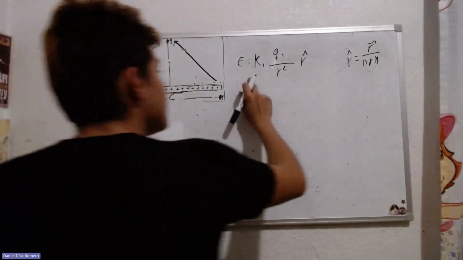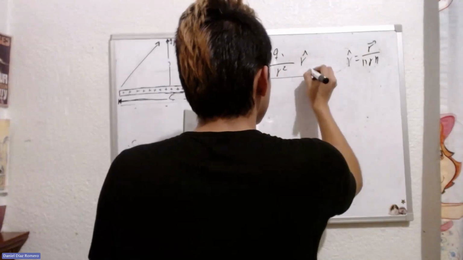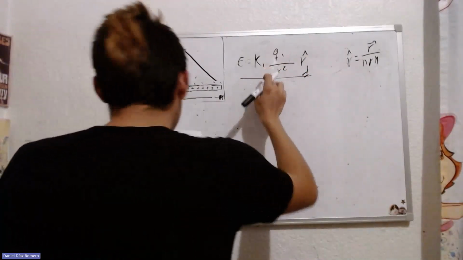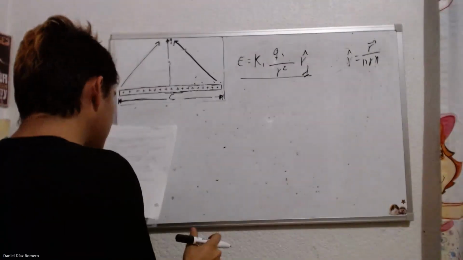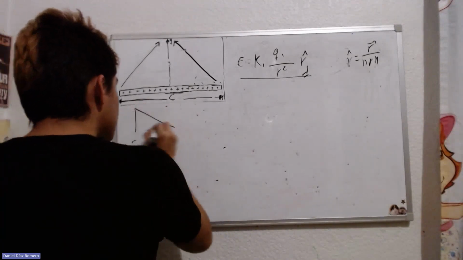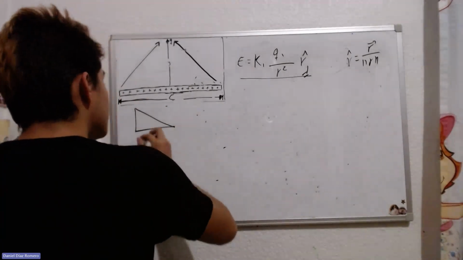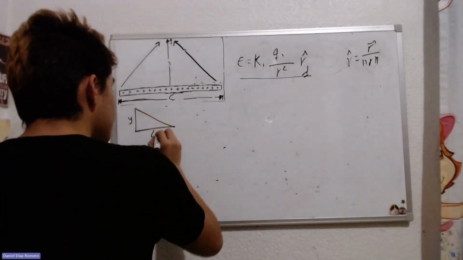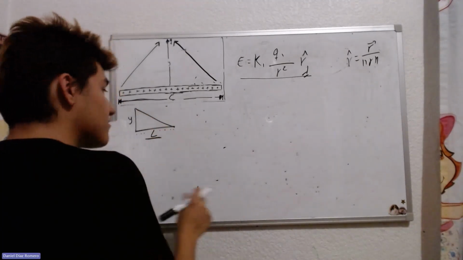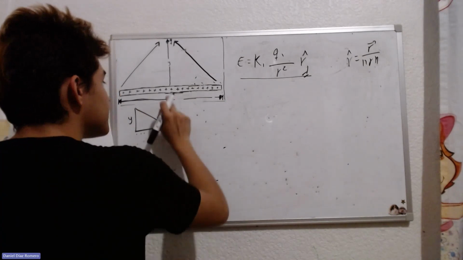So if we want to know the electric field, then we need to get these values. But we do know that if we manipulate our data, here y and L, we can define that L could be described as our main distance.